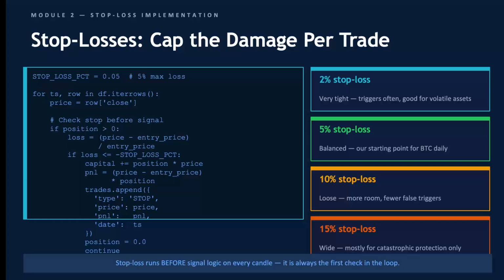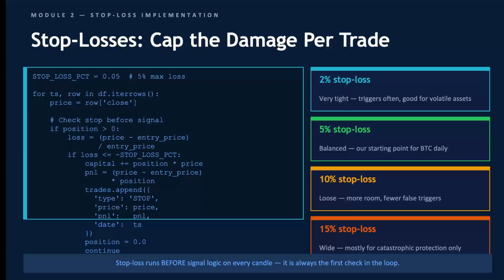Next is the stop loss, that is, cutting losses before they cut you. A stop loss automatically closes a trade when it moves against you by a defined percentage. It is the second major tool for drawdown reduction and it works alongside position sizing, not instead of it.